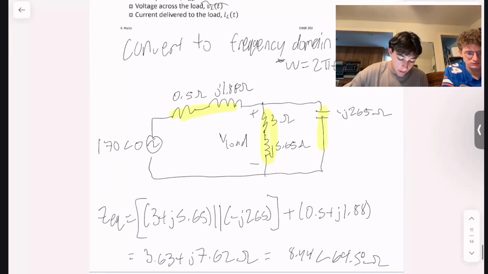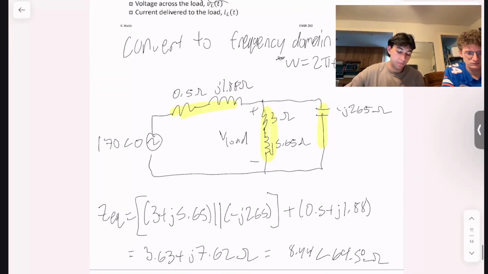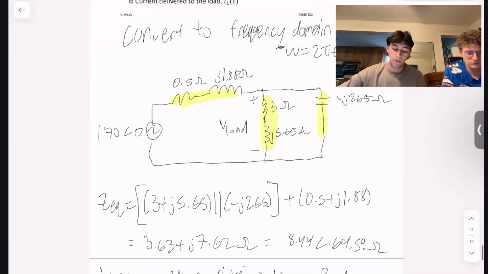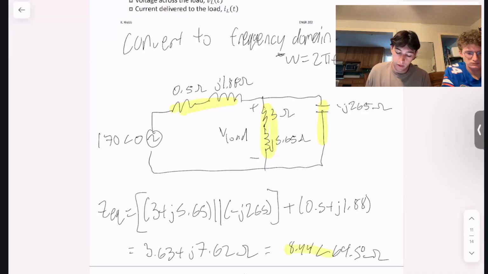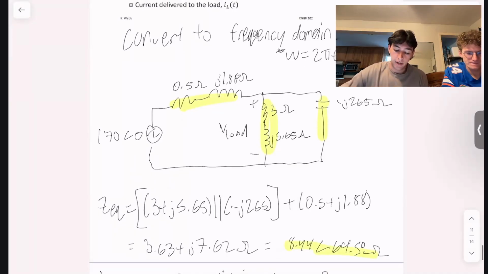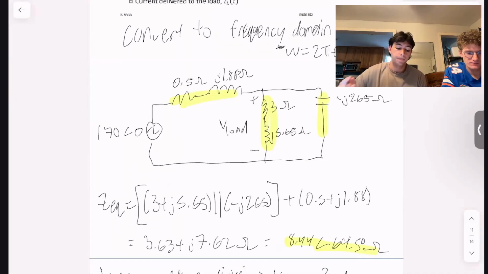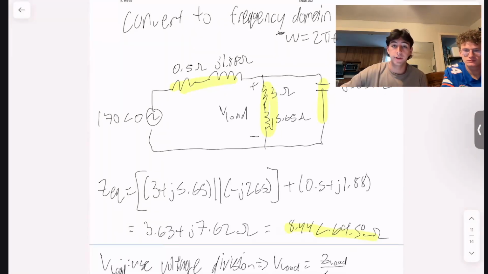Eventually what you get is an equivalent impedance of 3.63 plus J 7.62 ohms, which can be expressed in polar coordinates as so. And your calculator is powerful enough that if you plug in rectangular, polar, whatever, it's going to do the conversions for you automatically. So don't even worry about converting everything as you're doing it on your exam. Just make sure when you have your final answer, have it in the form they want it in.